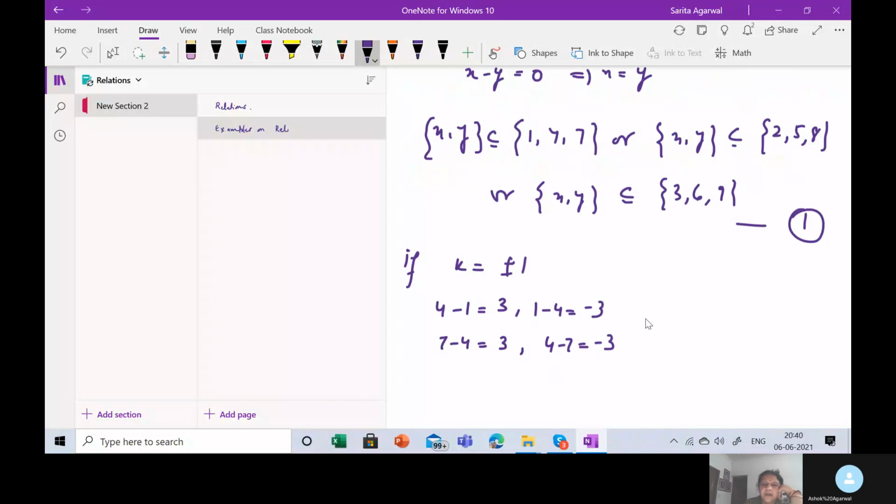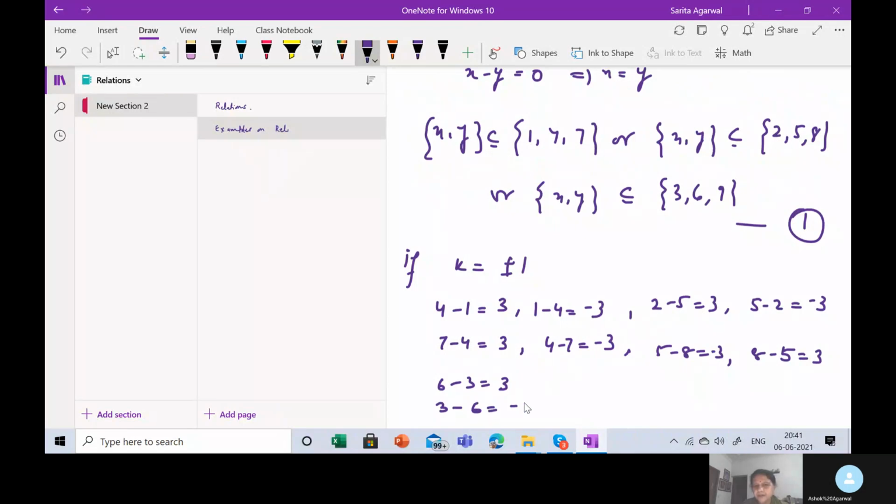Similarly, we can see here 5 minus 2 is 3, and 2 minus 5 is minus 3. Then 8 minus 5 is 3, and 5 minus 8 is minus 3. Then 6 minus 3 is 3, and 3 minus 6 is minus 3.